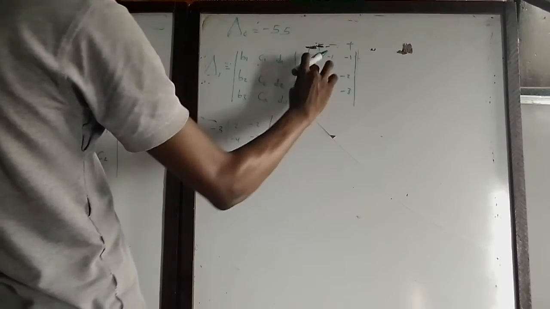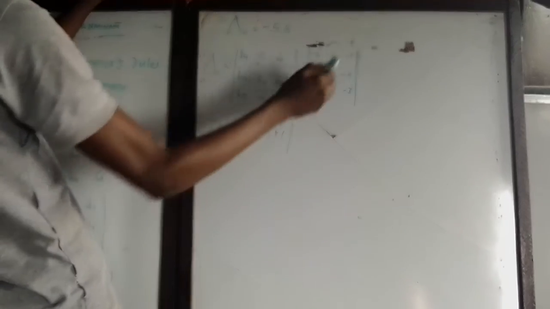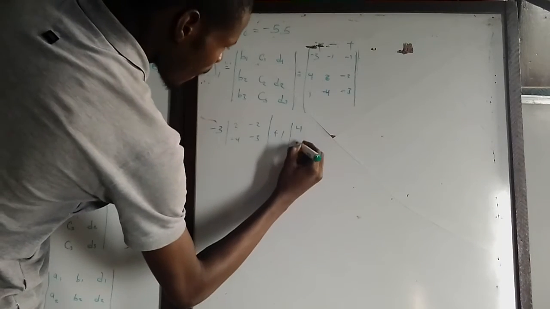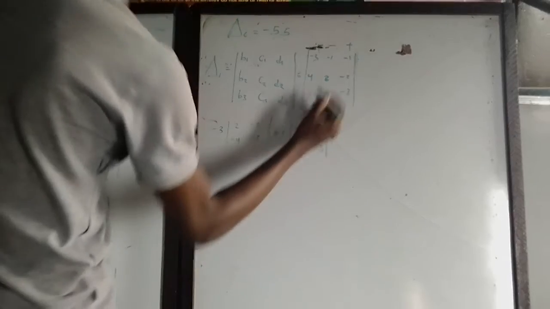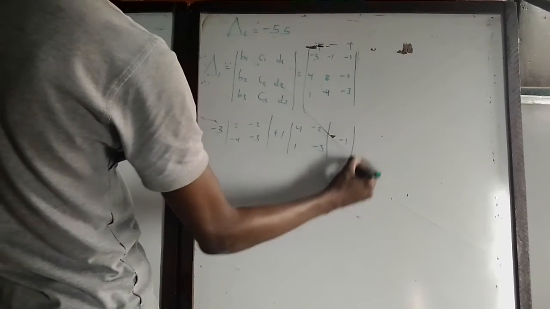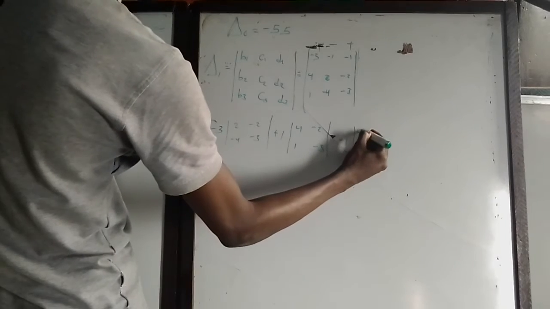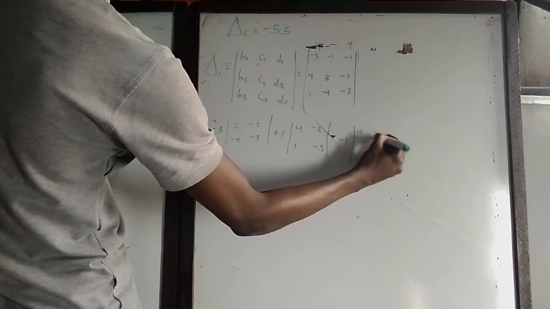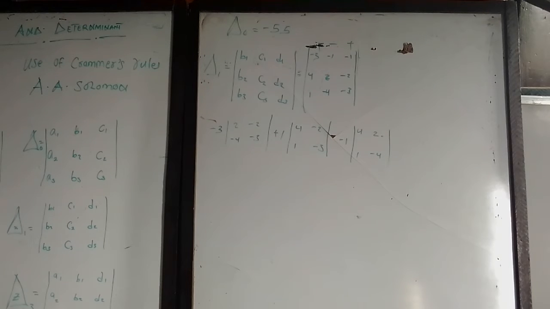So you choose this and this. When you close this, then you close this, it remains 4, 1, minus 2, minus 3, then minus 1. Then you close this and this, you have 4, 1, 2, minus 4. So do we understand? So let's solve.